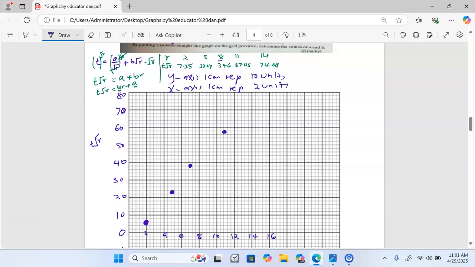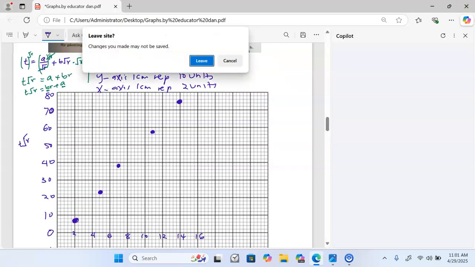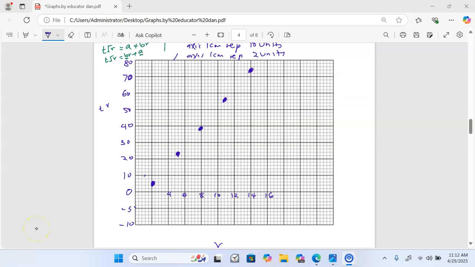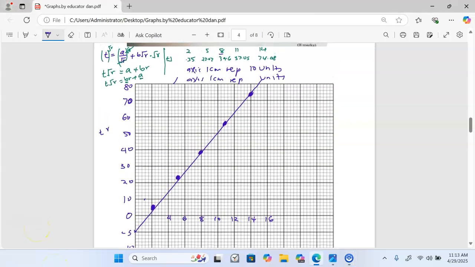So we have 70 here, 74 is this region here. So once we have all those points drawn, we can connect them. Let us connect all these points. We can now connect all the points that we have plotted. Yes, here we have all our points now done.